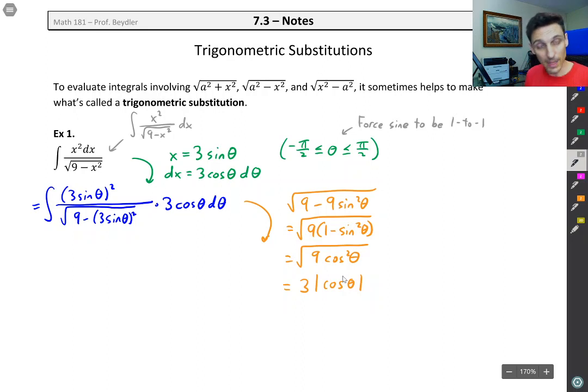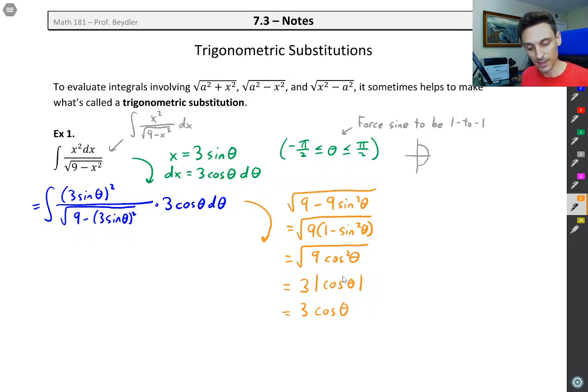And so that's where cosine, which is the x value on the unit circle, is positive as well. And that means that we can drop these absolute value bars. If theta is between -pi/2 and pi/2, then cosine is positive, so absolute value of cosine theta is the same thing as cosine theta. Let me make that little note right here.